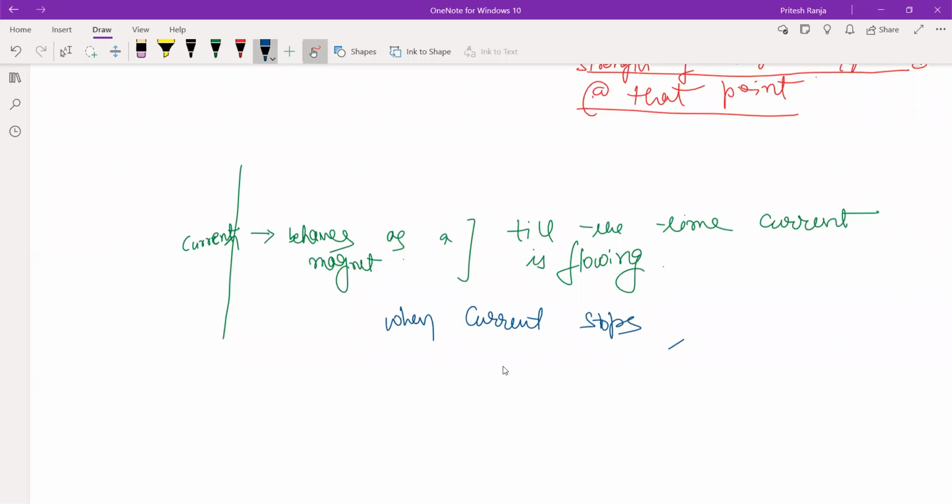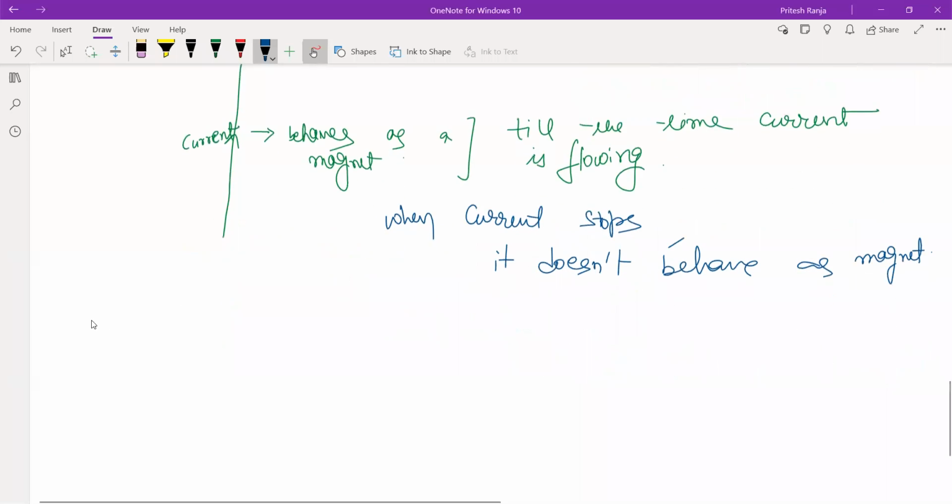It will no longer behave as a magnet. So this can be observed here with much clarity that till the time current is flowing, it is behaving as a magnet. That means the magnetic property here is dependent on the current flowing through the wire.